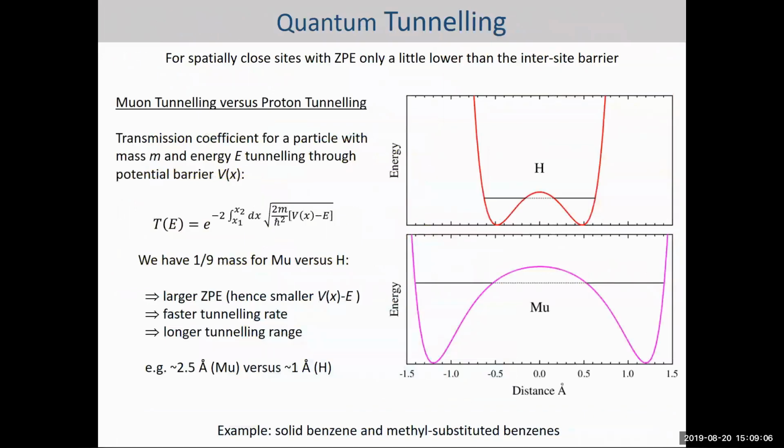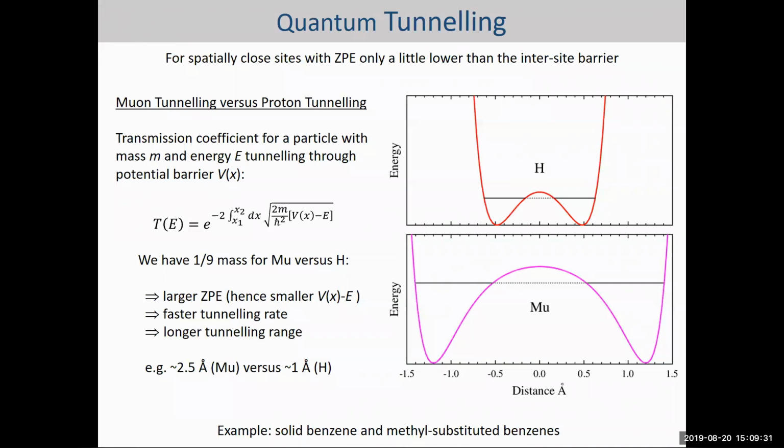Another aspect of quantum motion is quantum tunneling. So when we have these spatially close sites where the zero-point energy is only a little lower than the intersite barrier, then you get tunneling through the potential barrier. And the transmission coefficient is dependent on the mass and the energy difference between the state and the barrier in this form.